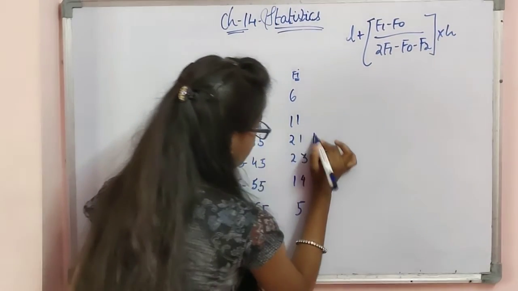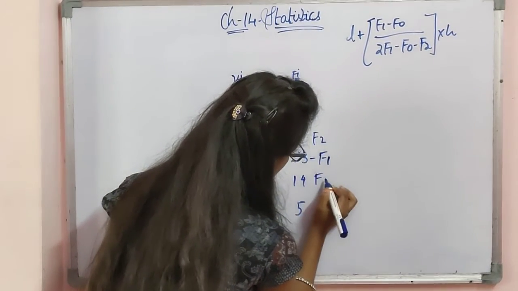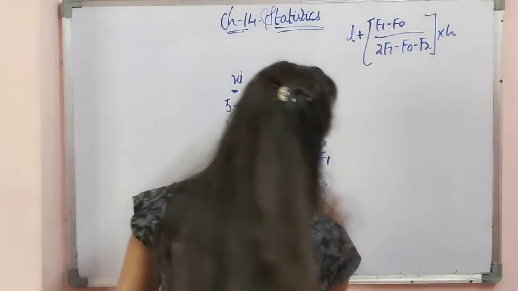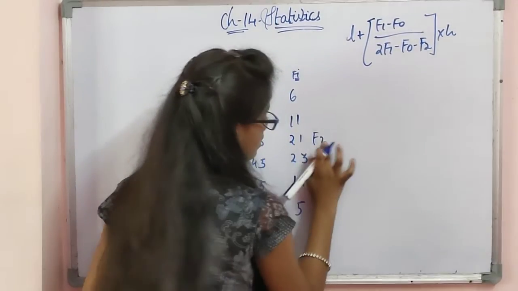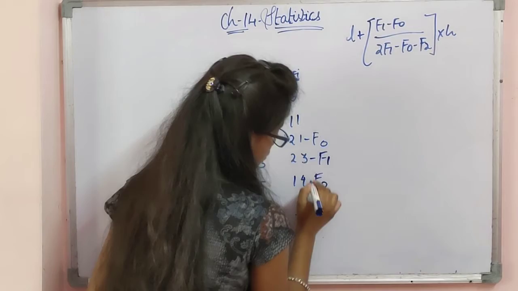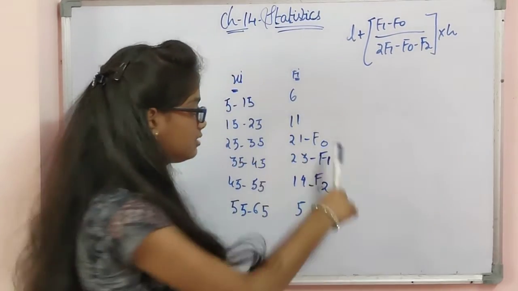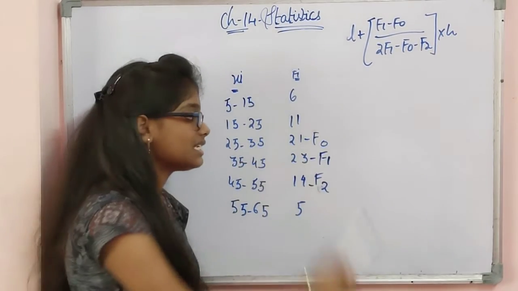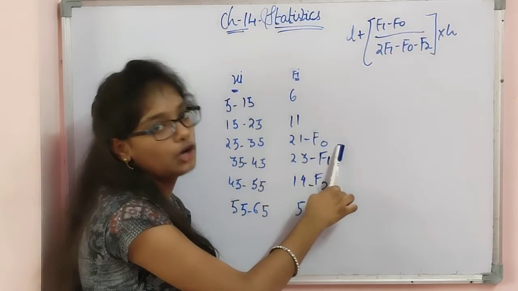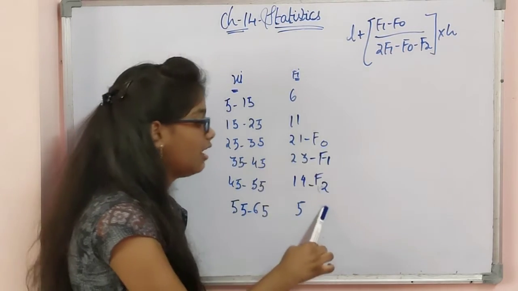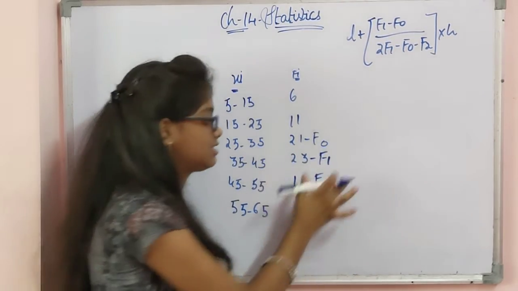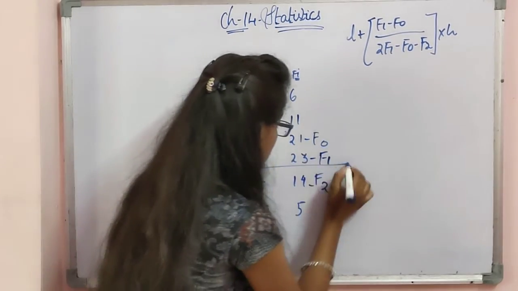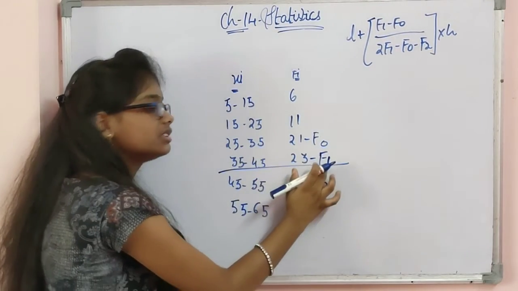This is F2 and this is F0. The preceding value is called F0 and the succeeding value is called F2 of the modal class. This is the modal class because this is the highest value and we got this as F1.